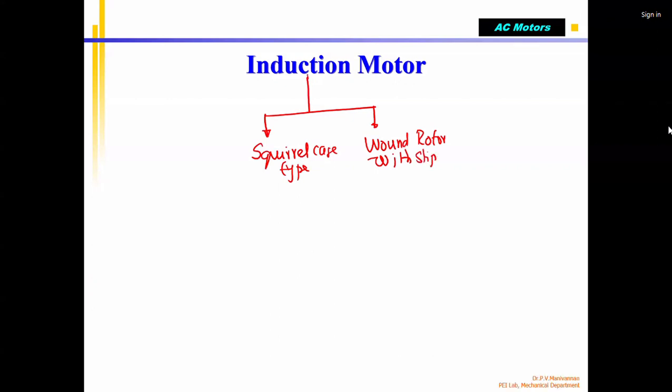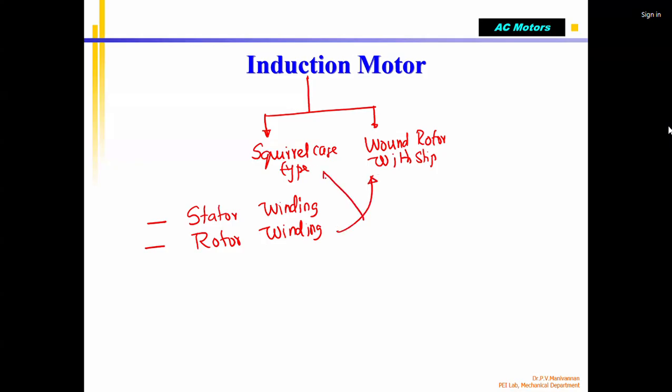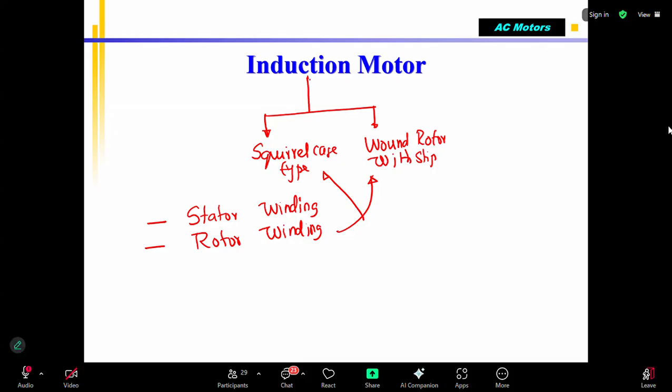Please see that the induction motor has 2 parts: one is the stator winding and the other is the rotor winding. This rotor winding can be these 2 things: one is squirrel cage type, the other is called wound rotor type. That's why the motor itself is classified as squirrel cage type motor or wound rotor type motor.